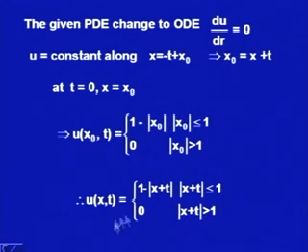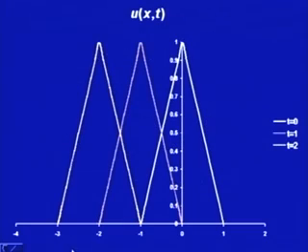Let us see how this function looks. At t equal to 0, initially the function is 1 minus the absolute value of x for x from minus 1 to plus 1.